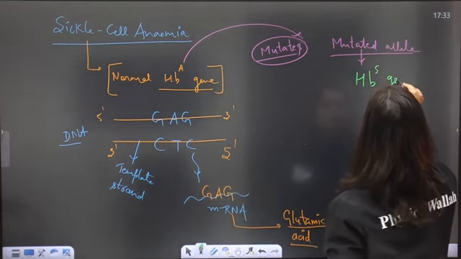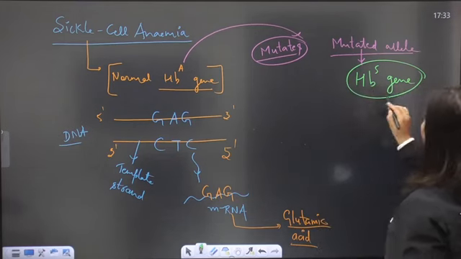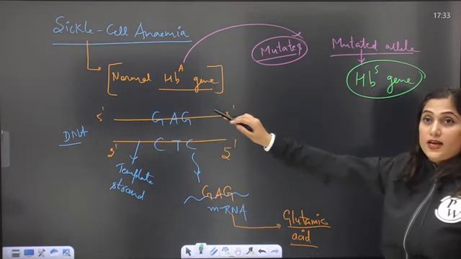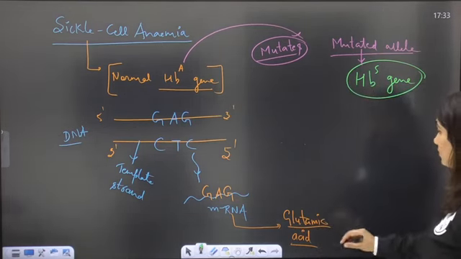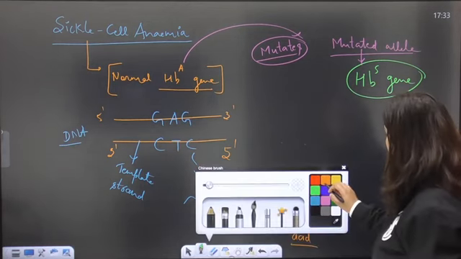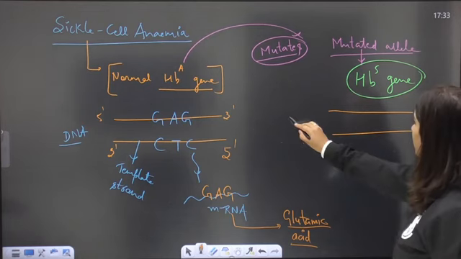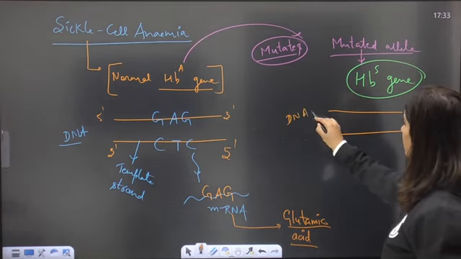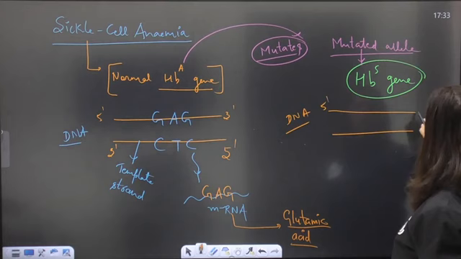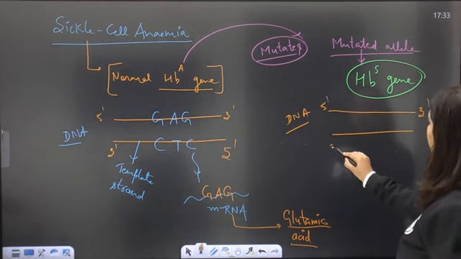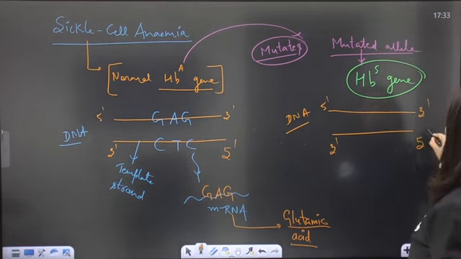So this is the mutated form of the normal HbA gene. And what happens during mutation in this gene? There is a change. See the change.